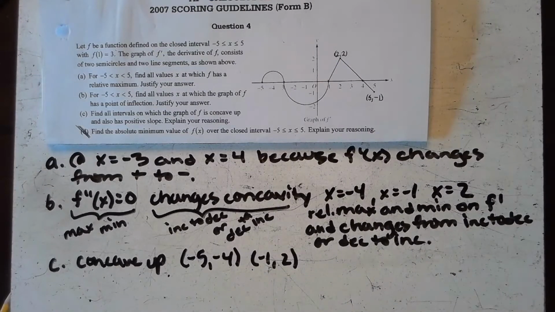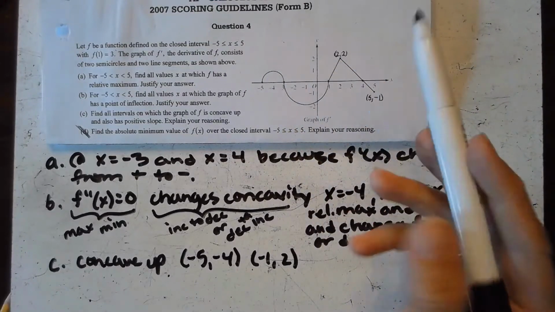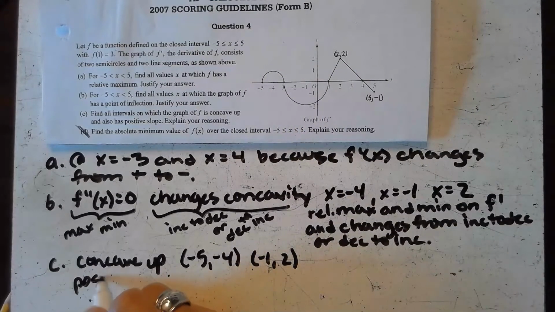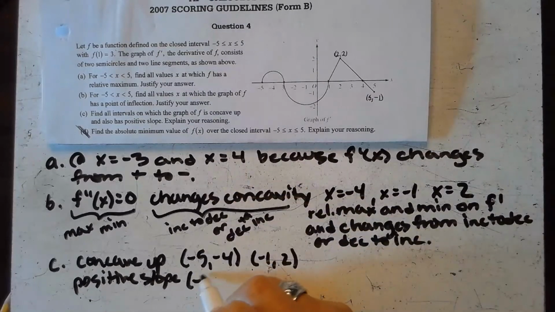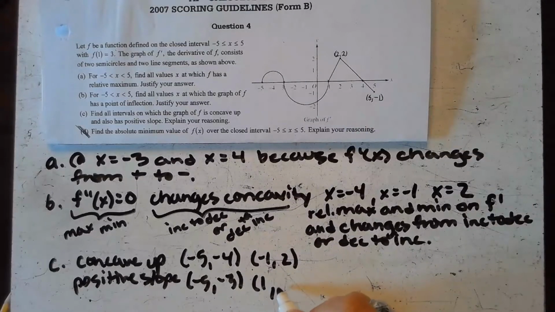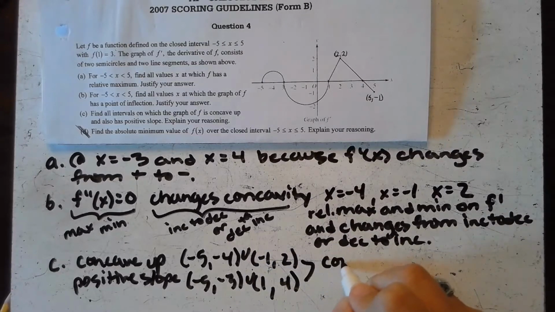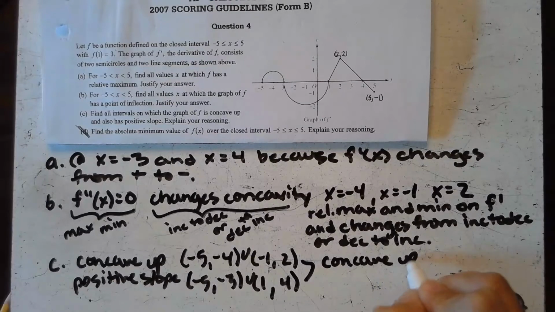Now, when does f have a positive slope? Okay, when it has a positive slope is basically when this is positive. Okay, so positive slope from -5 to -3. Okay, and again from 1 to 4. So when does this match up? So when is it concave up and positive slope?